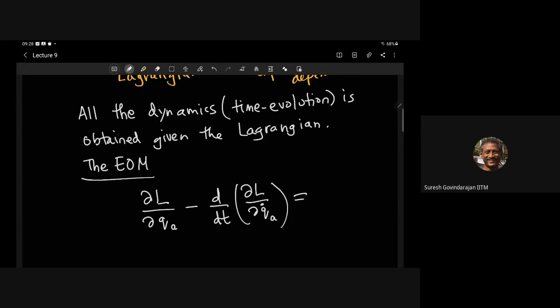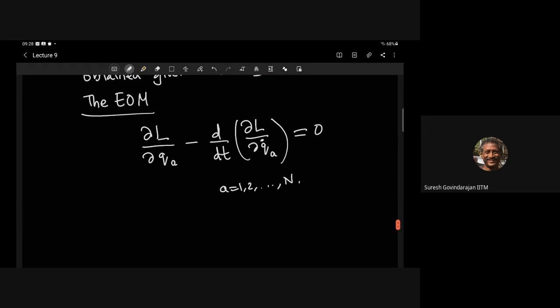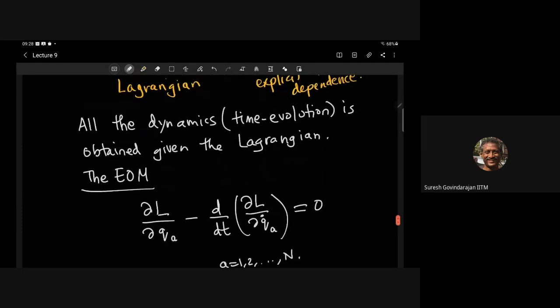This was an exercise, even whether this is time dependent or not, it doesn't matter. This is what it is, and there are n equations, so a equal to 1, 2, up to n. Okay, so the point is that the Lagrangian is a function of q dot and q.